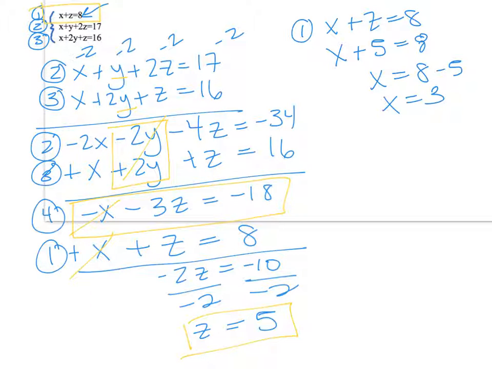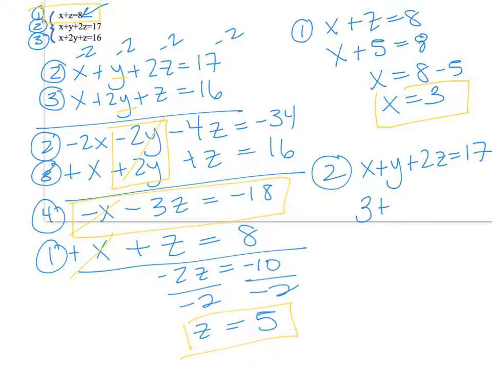There we go, x is equal to 3. Now that I have x and I have z, I'm going to take equation 2, which is x plus y plus 2z equals 17. I'm going to input 3 for x and 5 in for z, and solve for y.